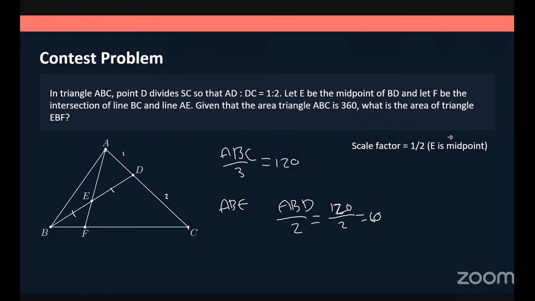So height A would be the altitude, and then height E from BC to E would be half of height D.